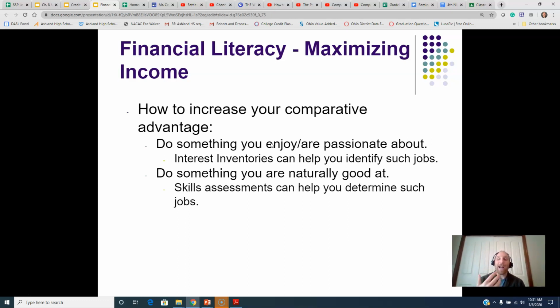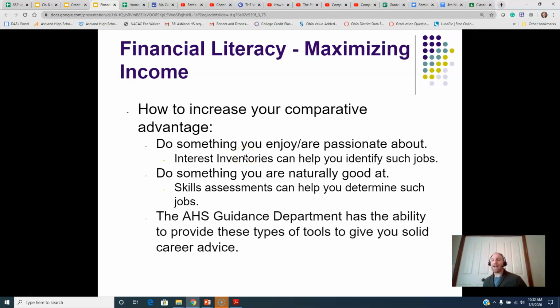And again, that's why a lot of times in different SSP lessons, we would do different skills assessments. A skills assessment and an interest inventory are similar. A skills assessment identifies the different skills that you are good at. And in general, ideally, after you take some interest inventories and skills assessments, you can find jobs that both you have the ability to do and jobs that you'd be interested in.